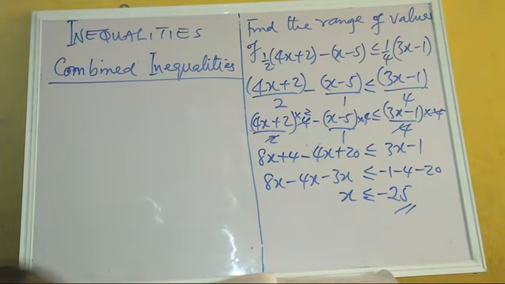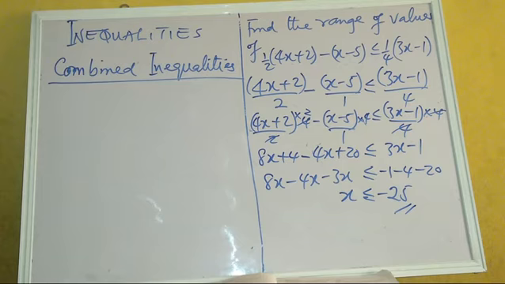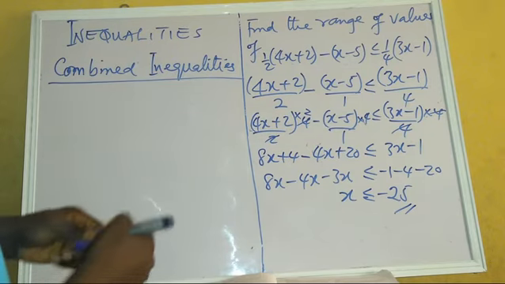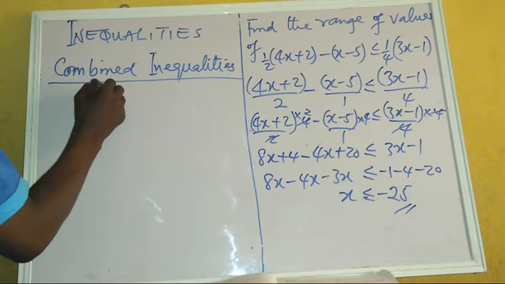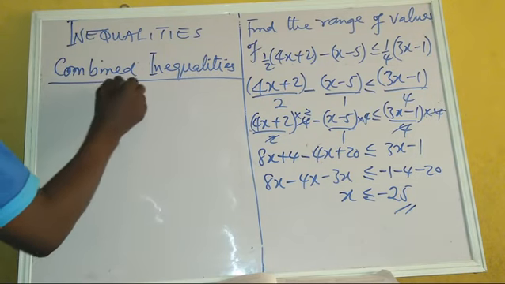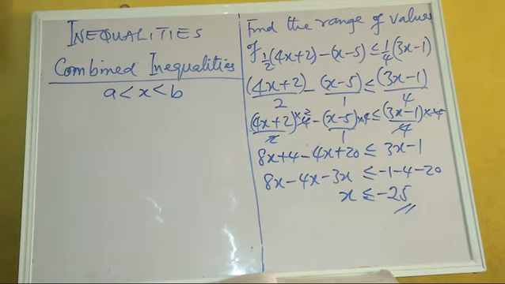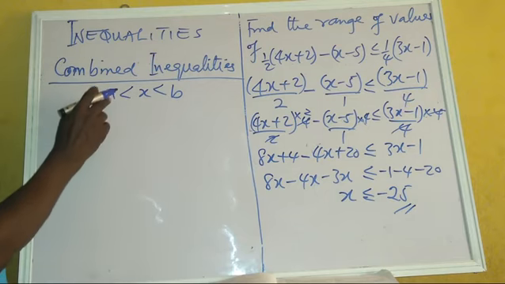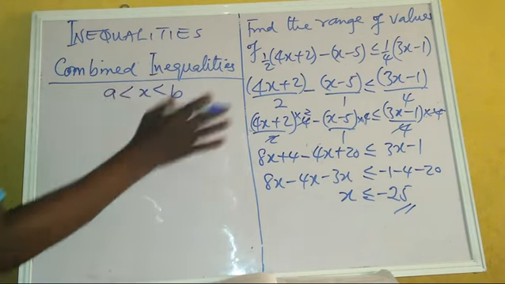Now, we're going to talk about combining inequalities. That is when you combine two inequalities together in one. For example, if I write a < x < b, what that means is that the range of values of x is between a and b. a and b in this case are not included.